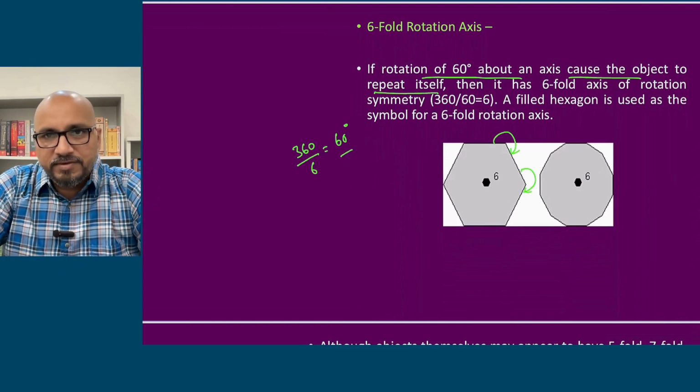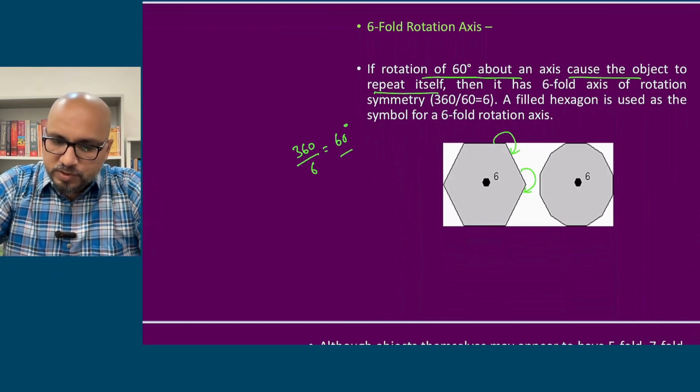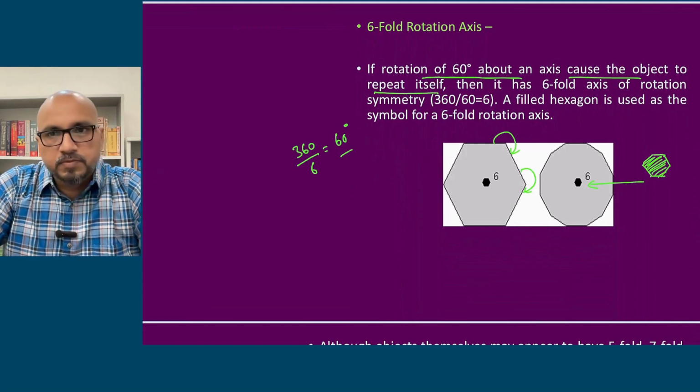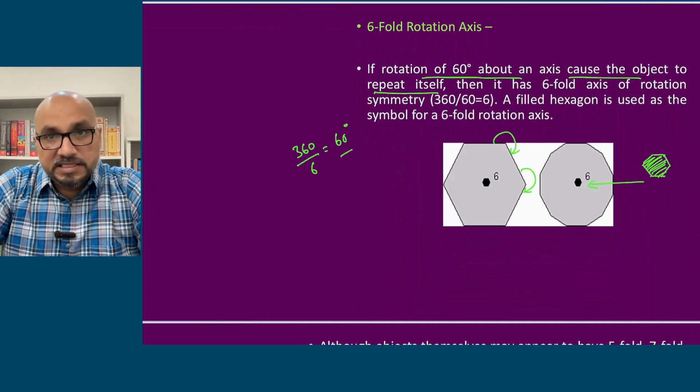Then it is said to have six-fold rotation axis. So इसको represent करते हैं center में with a solid hexagon. Okay, in stereographic projection center में हम लोग solid hexagon से represent करते हैं six-fold rotation axis.